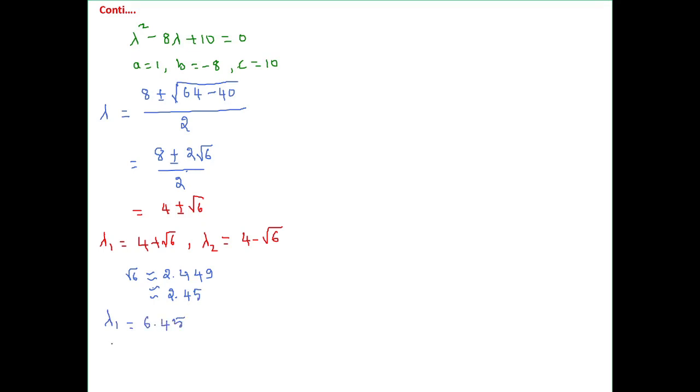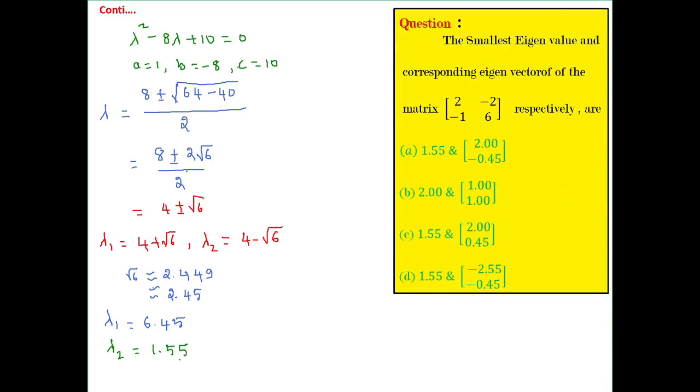The second eigenvalue lambda 2, which is 4 minus 2.45, is almost 1.55. Now look at what the question is. We want the smallest eigenvalue, and the corresponding eigenvector.